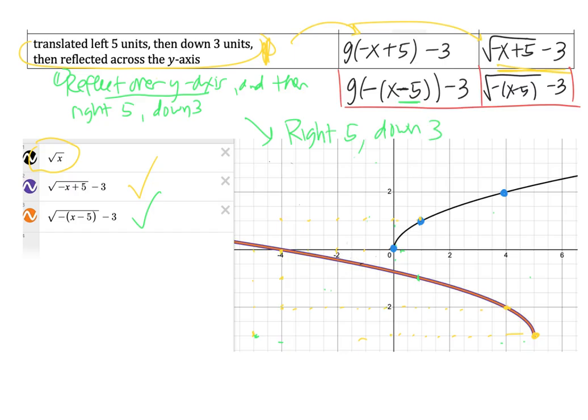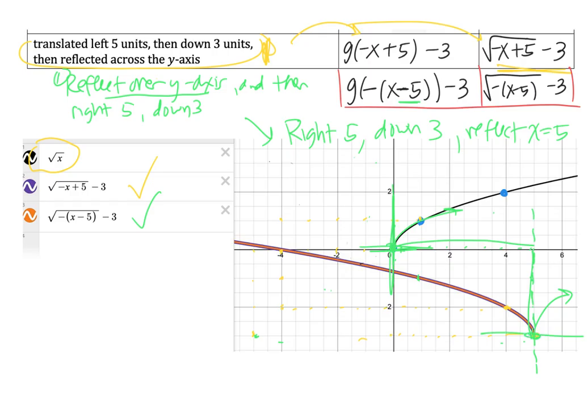I would go right 5, 1, 2, 3, 4, 5, and I would go down 3, 1, 2, 3, but I'm going this direction now. I'm still going this direction because I haven't done any reflection. You can no longer say you're going to reflect over the y-axis. You're not reflecting over the y-axis anymore. You're actually reflecting over the x equals 5 line. Essentially what we've done is we've taken this origin, which is here, and we've made it right 5 and down 3.